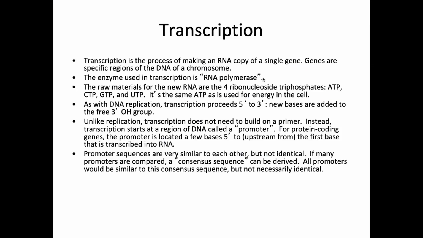So the two ends, the start point and the end point of a gene sequence, a transcriptional unit, have to be well defined so that the RNA polymerase knows where to start and where to stop. So there's actually a region of DNA called a promoter, which is the start site for transcription. So we'll talk a little bit more about the details of what these promoters look like as we go along here.